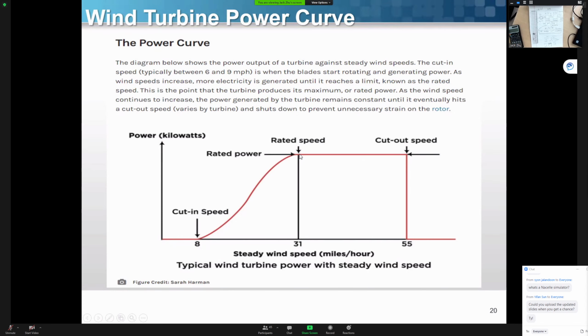If the wind speed reaches that, then your wind turbine will generate rated power all the way until the wind speed reaches 55. Then the wind is too high for the turbine to operate safely. They will feather the blade and stop it. So that's where we consider the limits.